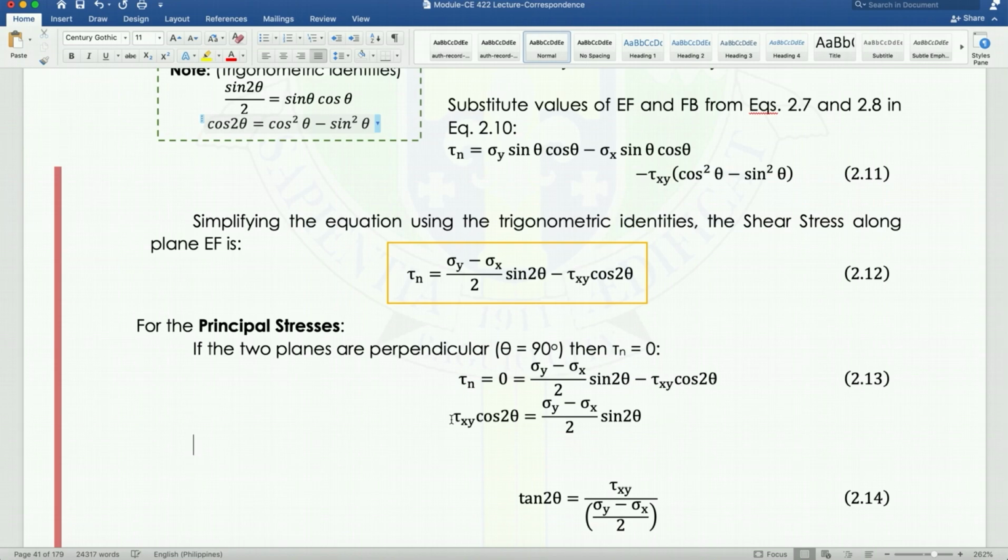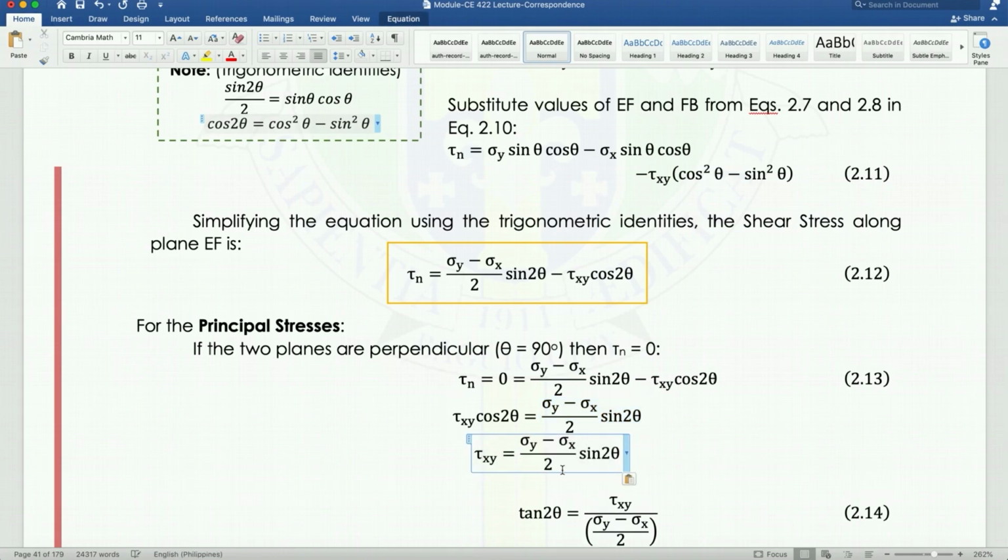Okay, so tau xy is equivalent to this equation here, copy paste, divided by tangent. Wait, gawin natin ganyan.